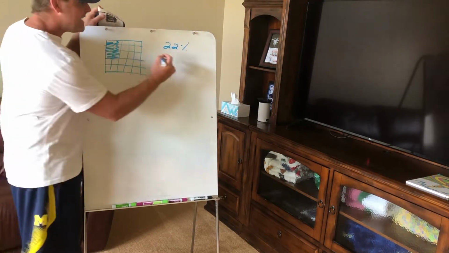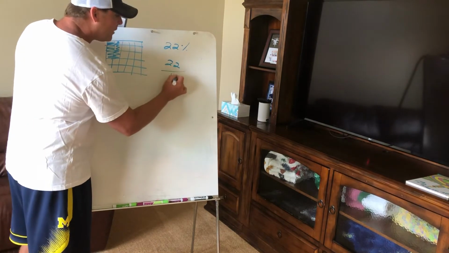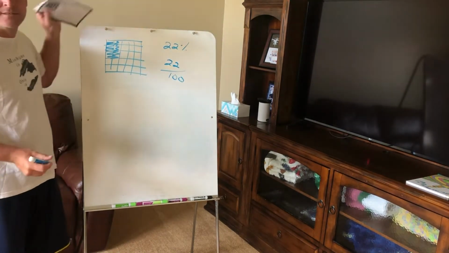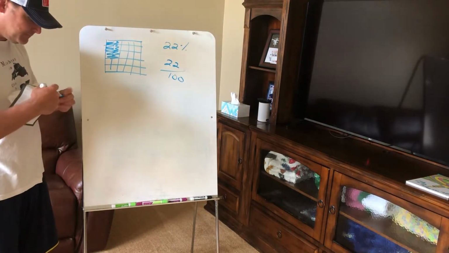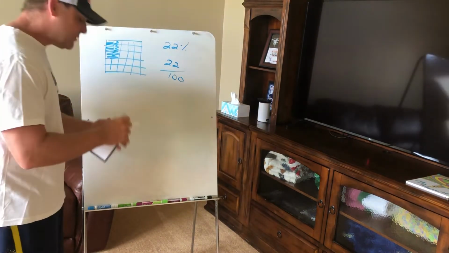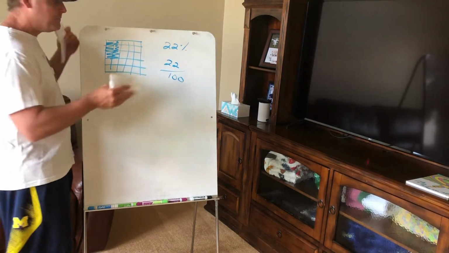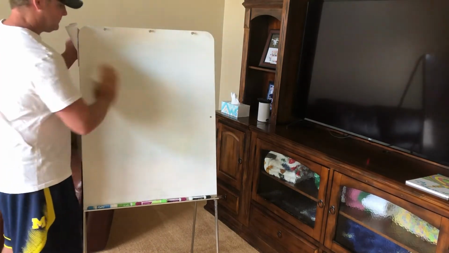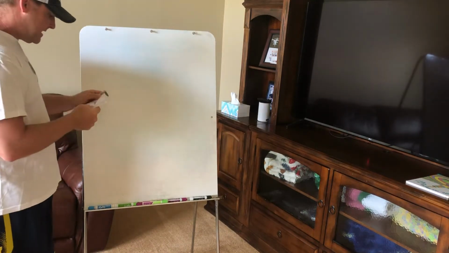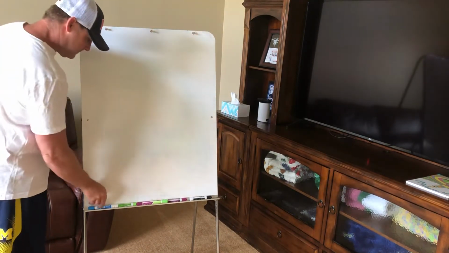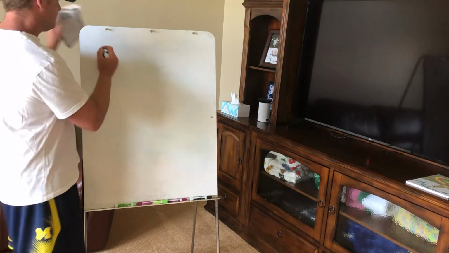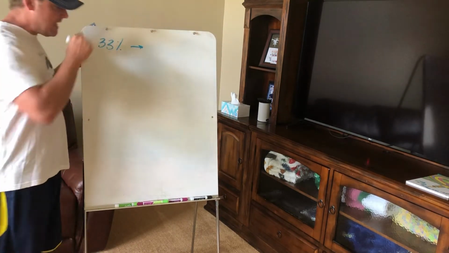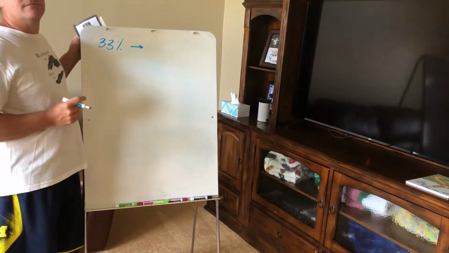So that means that 22 out of 100 is 22%. So you'll see maybe 2, 3, 4 problems like that on your practice work. You'll see a bunch of these. And it'll ask you to write that as a fraction.